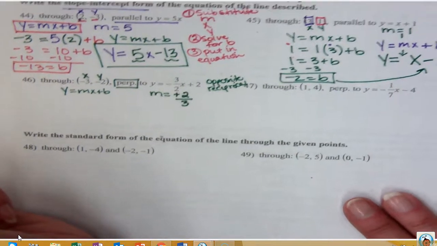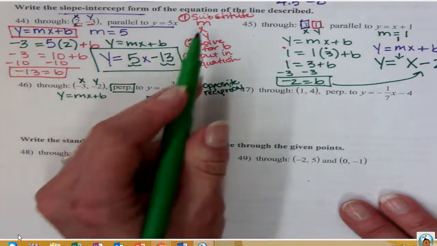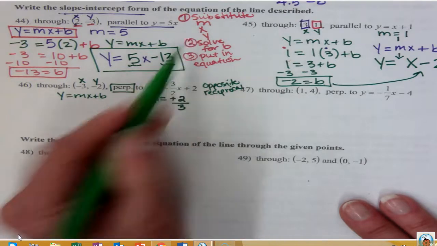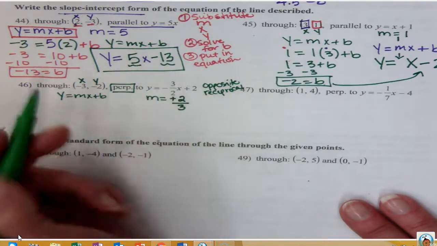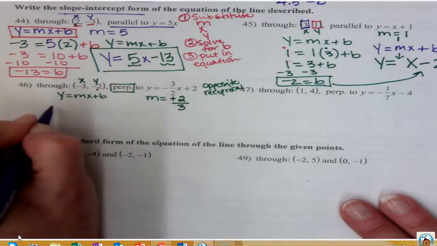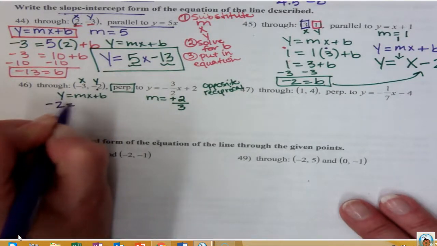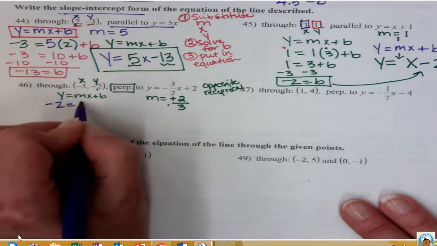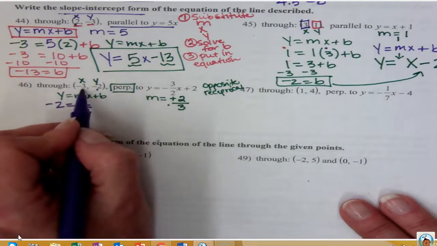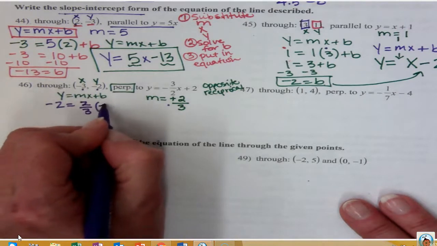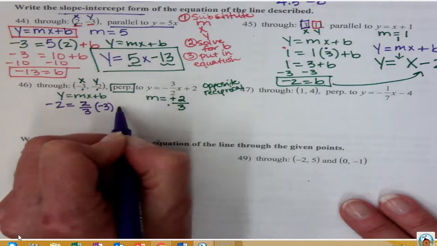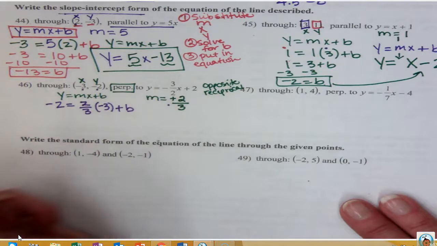Then I go through the same steps. I substitute, number 1, my slope, my x, and my y. So when I do that, my y is negative 2, my slope is positive 2 over 3, my x is negative 3, and I need to solve for b.